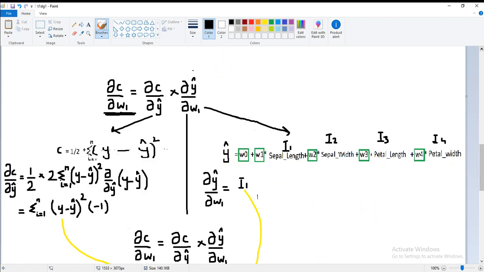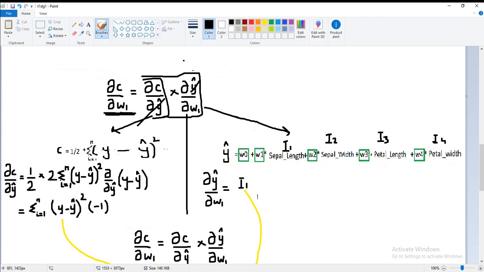We'll use the chain rule, which states that the partial derivative of cost with respect to y hat times the partial derivative of y hat with respect to w1 leaves us with the partial derivative of cost with respect to w1, as written on the left hand side of the equation. So the partial derivative of cost with respect to y hat is what we need to calculate first.